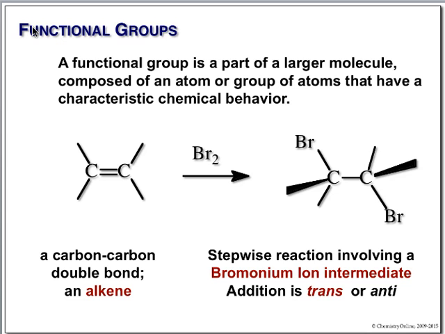These will always involve what's called a bromonium ion intermediate, and that's what gives rise to the trans stereochemistry. We'll talk a lot about this when we get to the chapter on alkenes. But the important point is, it doesn't matter what else is attached to your alkene here. If it has the double bond, this is one of the characteristic reactions it will undergo. So that actually makes it all really simple for you.